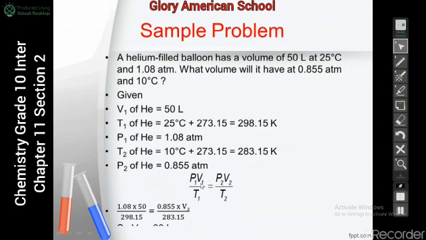So the relation is P1 V1 over T1 equals P2 V2 over T2, and I'm going to write each one, P1 V1 T1, P2 V2 T2, and now we can calculate the second volume, V2, from this.